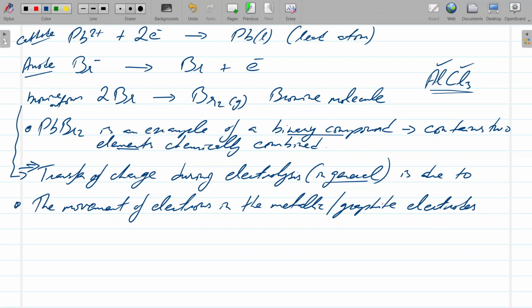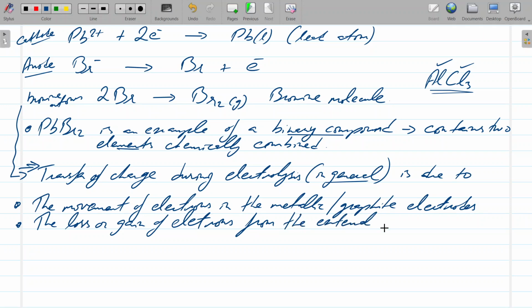Then the loss or gain of electrons from the external circuit at the electrodes.